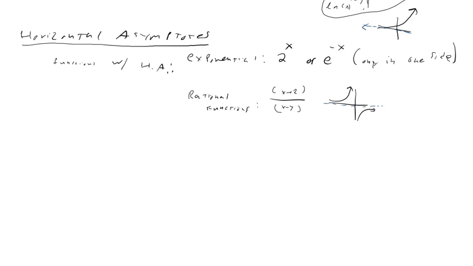For example, find the limit as x approaches infinity of 3x plus 1 divided by 2x minus 5. Find the horizontal asymptote.